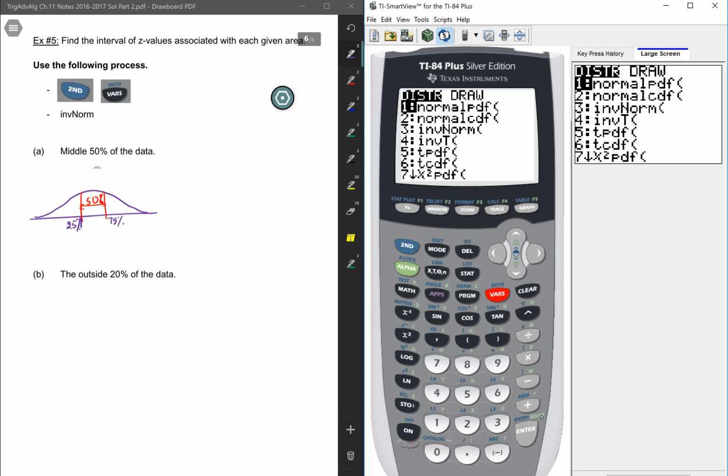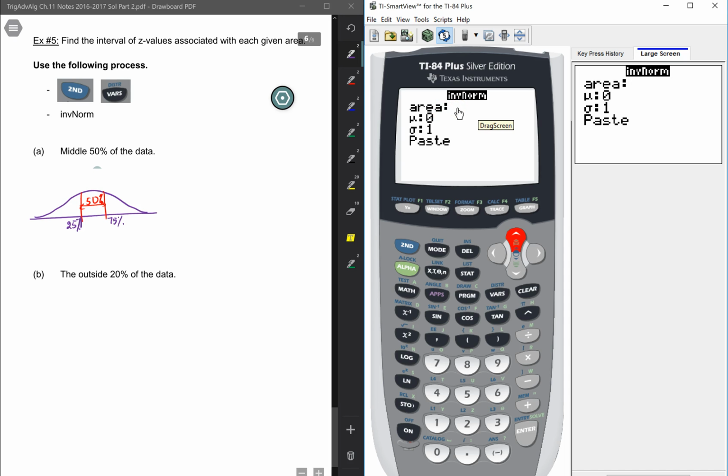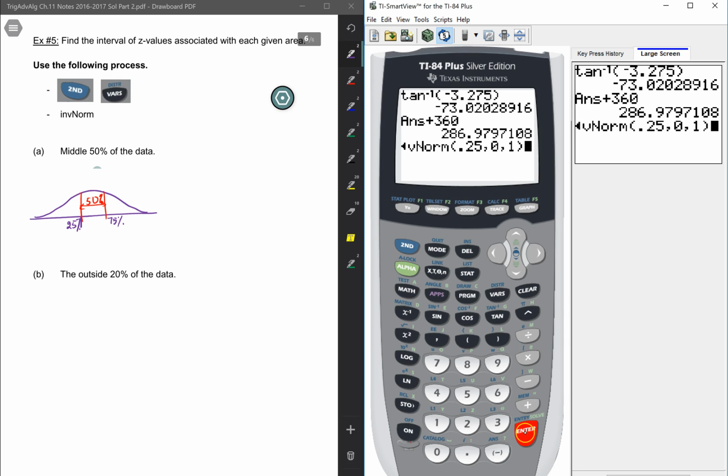Okay, so we're gonna do this the same one here. So the first interval is 0.25, right? So here we're gonna put in 0.25 and keep pressing enter until you get this, and then press enter.